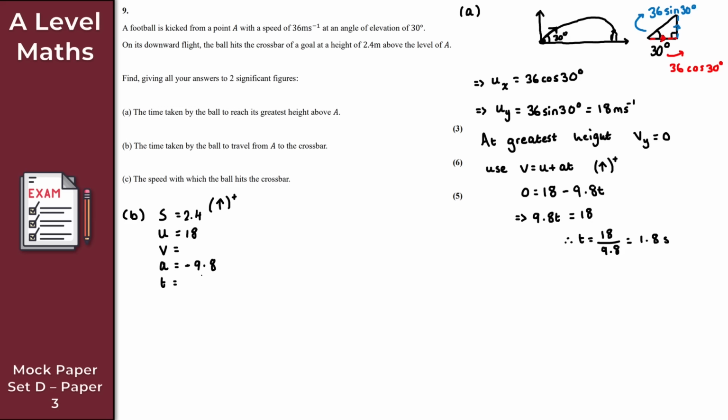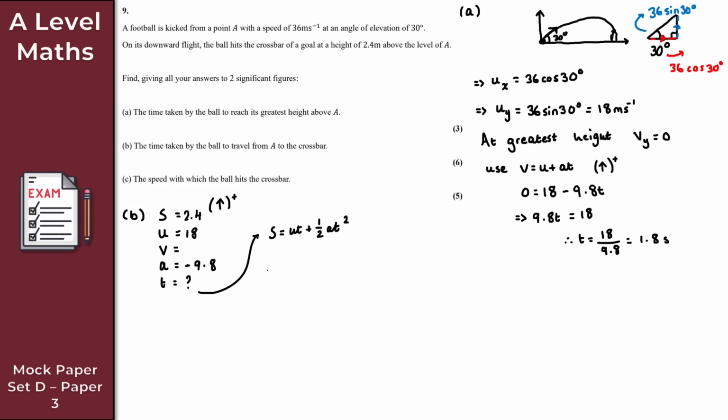And again, what we're looking for is T, the time taken by the ball to travel from A to the crossbar, so I'll put a question mark there. Based on the information we've got, what trusty old suvat equation are we going to pull out? We're going to use S is equal to UT plus a half AT squared. We've got everything we need.